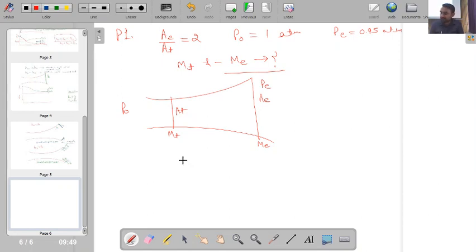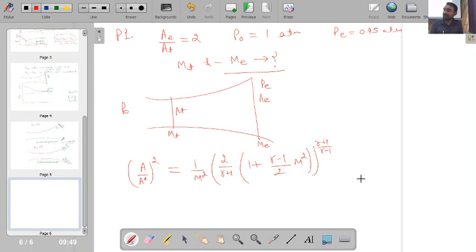For finding the pressure ratio, we have one important relation: (A by A star) square equals 1 by Mach number square times [2 by gamma plus 1 times (1 plus gamma minus 1 by 2 Mach number square)] whole power gamma plus 1 by gamma minus 1. Okay, so from this relation, A by A star is AE by AT. So AT basically we consider corresponding to A star, for isentropic subsonic-supersonic flow condition.